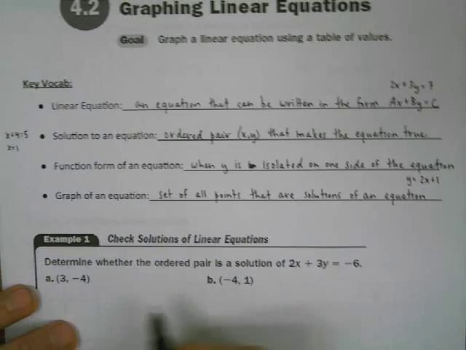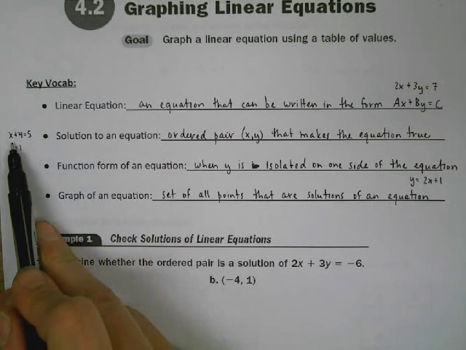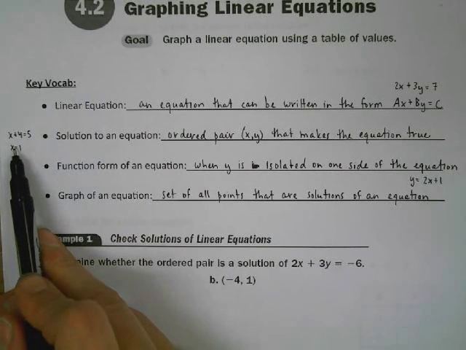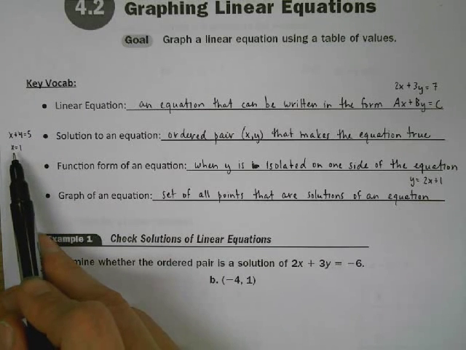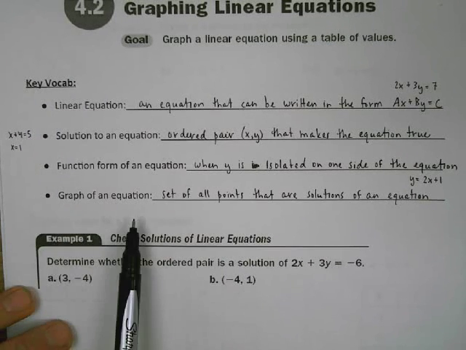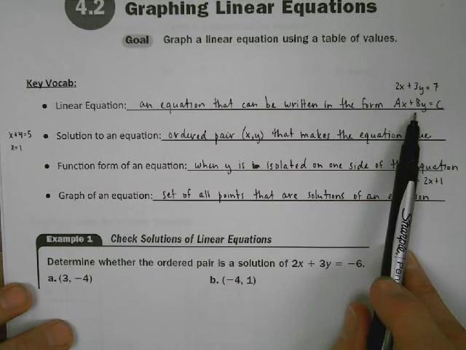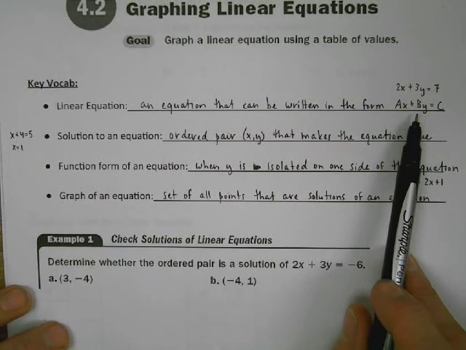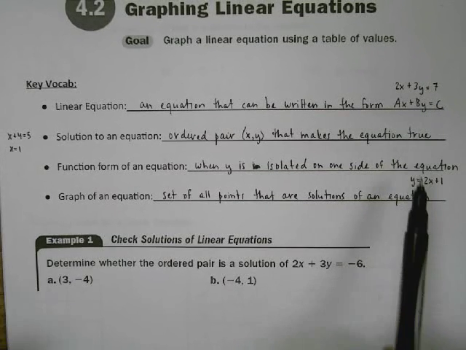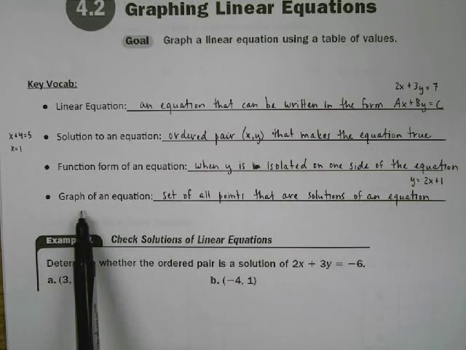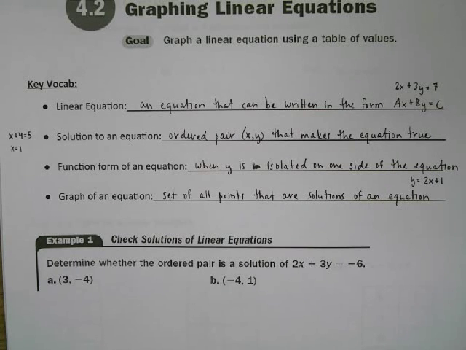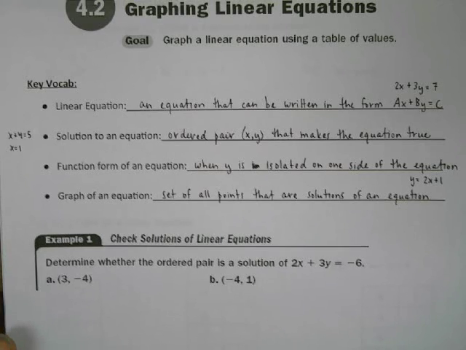Back in chapter 3, when we were solving these types of equations, in most cases we had one solution. We did look at some cases where we had an infinite number of solutions, and those were our identities. But now when we're talking about these linear equations, we could have an infinite number of solutions. If I were able to plot all of those ordered pairs, that's what my graph would be. But we'll get into more of that later.